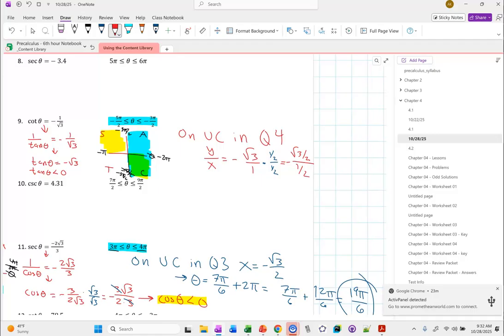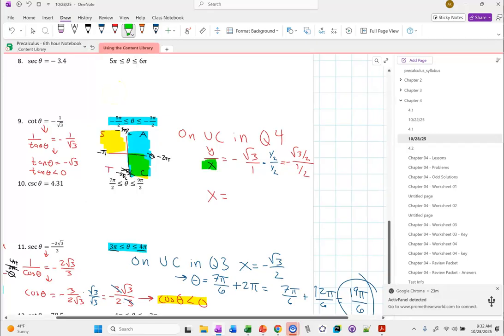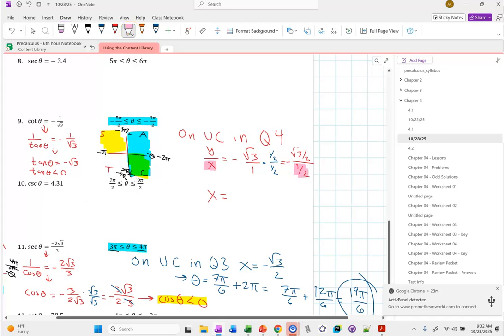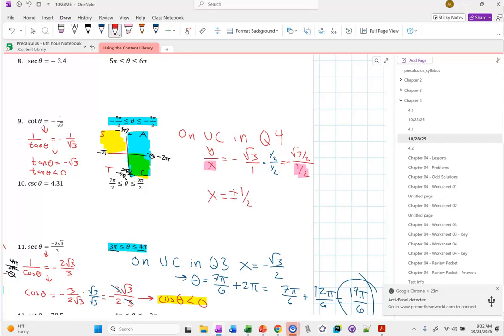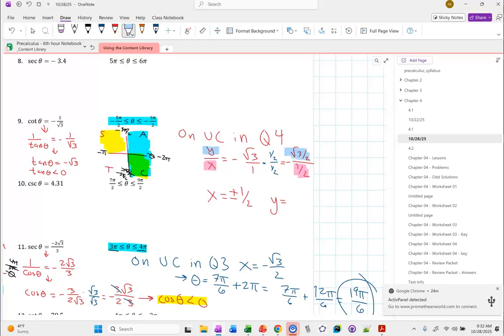Right? What if I think about it that way? So what this tells me then is that my x should be, now what I picked, my x should be plus or minus a half, and y should be plus or minus 3/2.